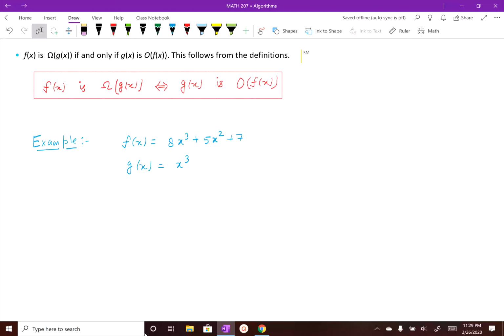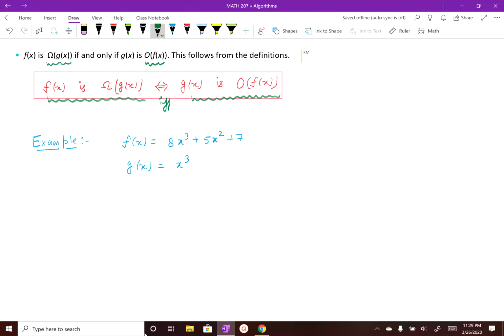One of the important relations between big O and big omega can be seen here in the form of this statement. You are saying f(x) is big omega of g(x) if and only if you can prove that g(x) is big O of f(x).